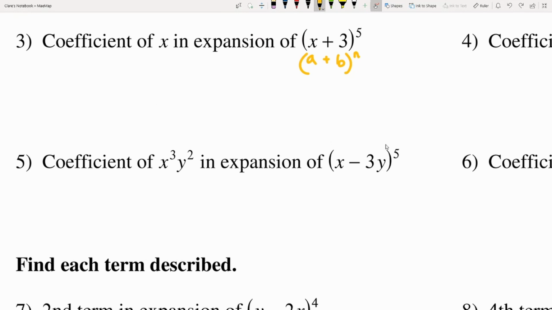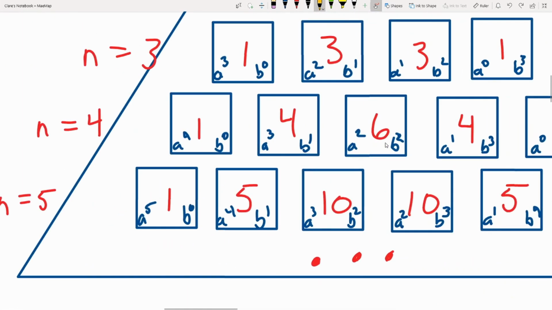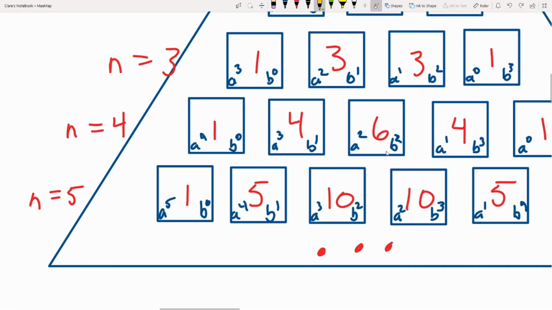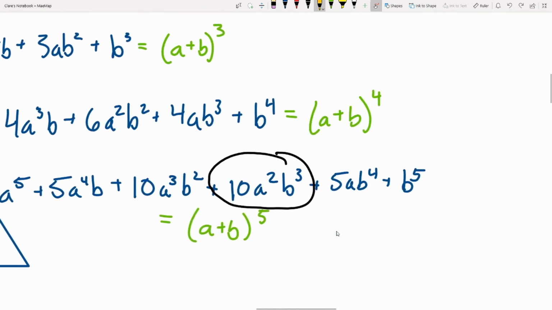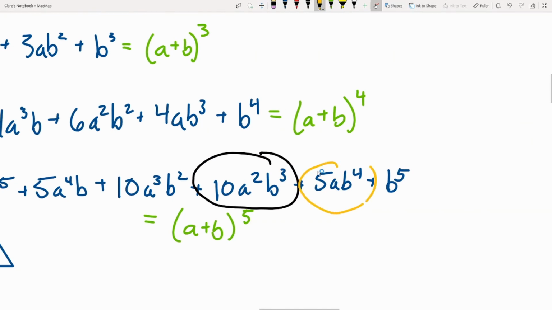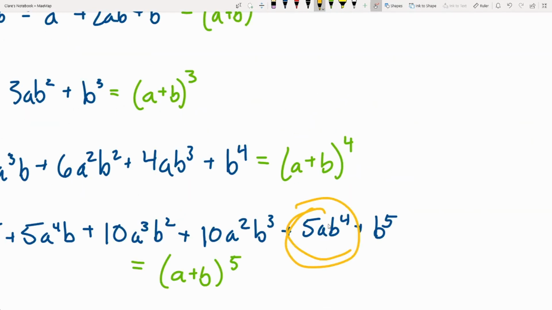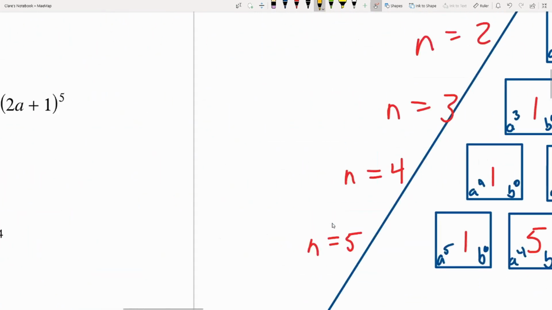So scrolling back over to our triangle, looking at n equals 5, when does a have degree 1? That's in this case right here, or if you're looking at that expanded form, this case here. So 5ab to the 4th.